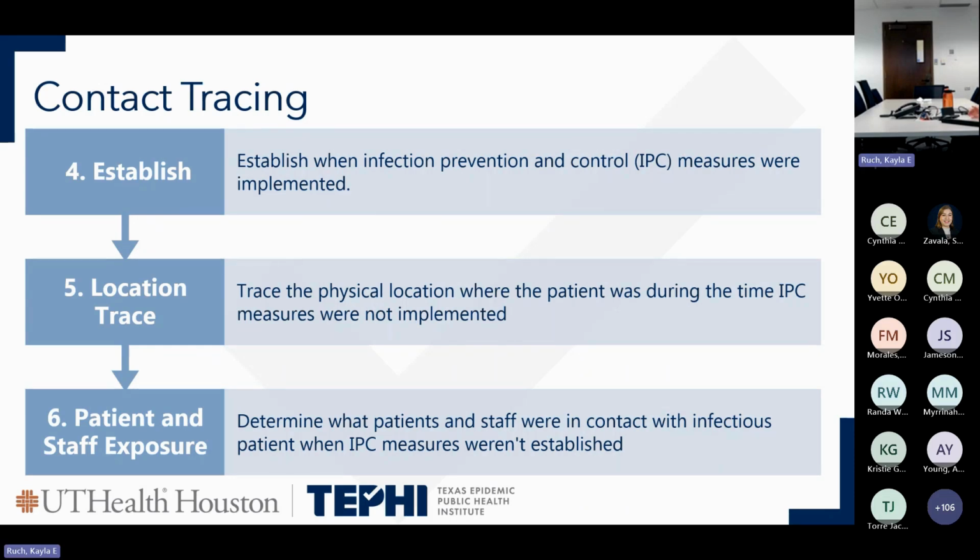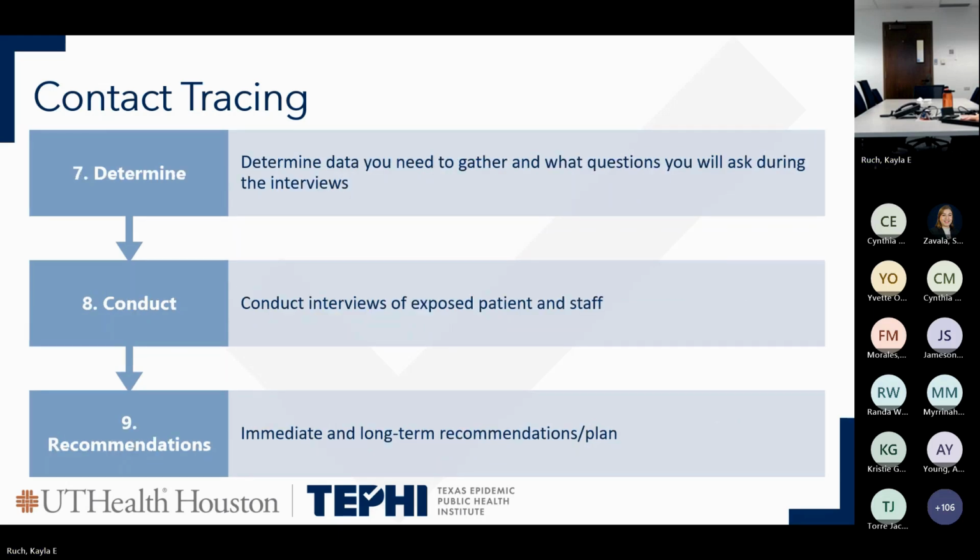Then in step 6, you will determine the patients and staff that were in close contact with them when IPC measures weren't established and that close contact criteria for exposure has been met, and that is when you interview the patient. Before that, you want to gather the information and the questions you are going to be asking these individuals.